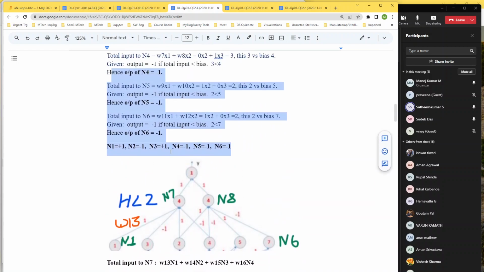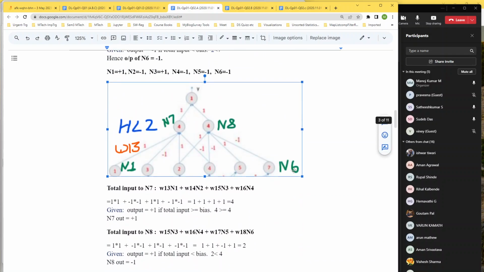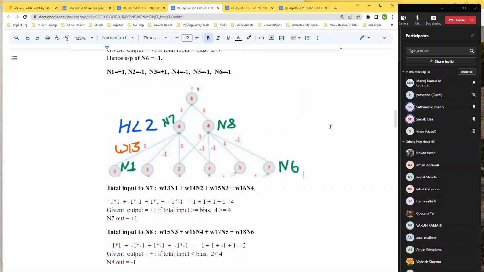And the first case, 1. In the third entry, it's going to be 1 into 1, 1. And the fourth case, it's going to be -1. So overall, 3 compared to 4.